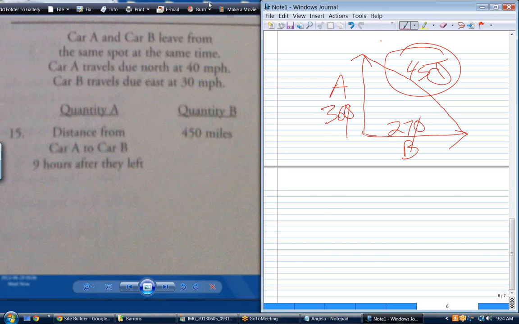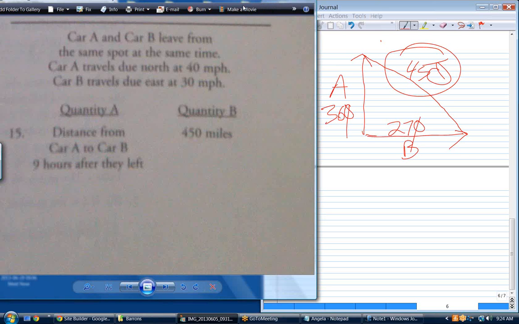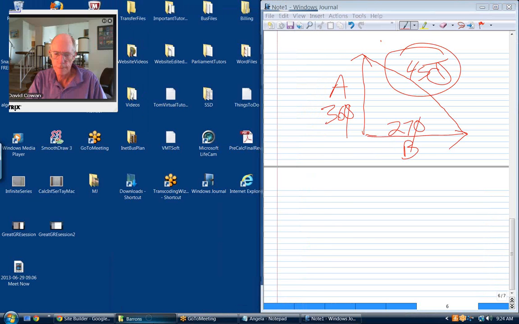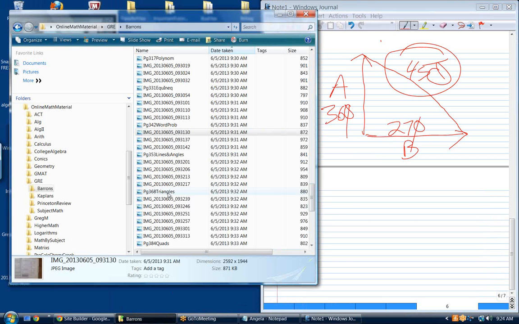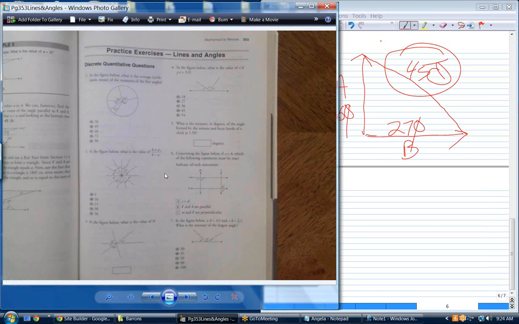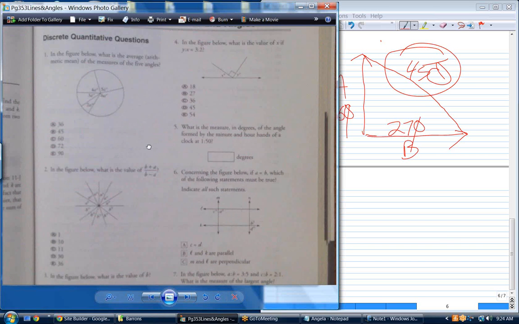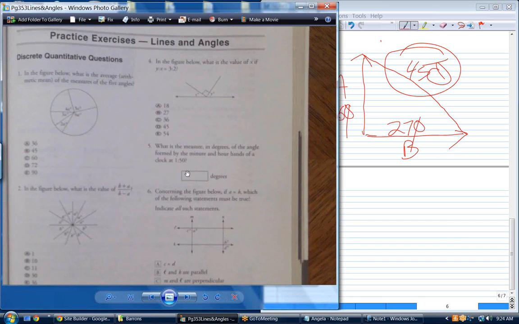All right. Let's see here. Lines and angles. Their geometry sections are lines and angles, and then triangles, and then circles, and then quadrilaterals, pretty much, are the 4 remaining sections.